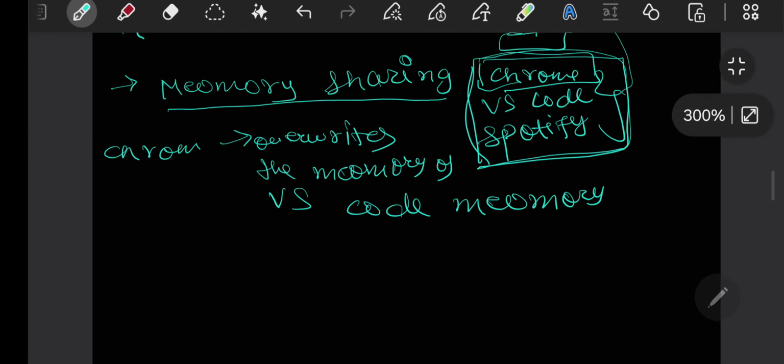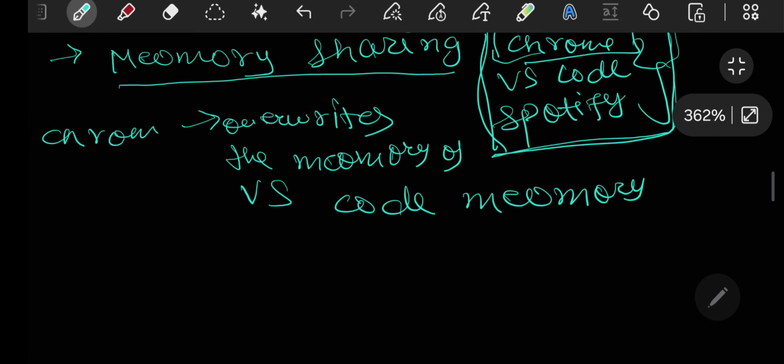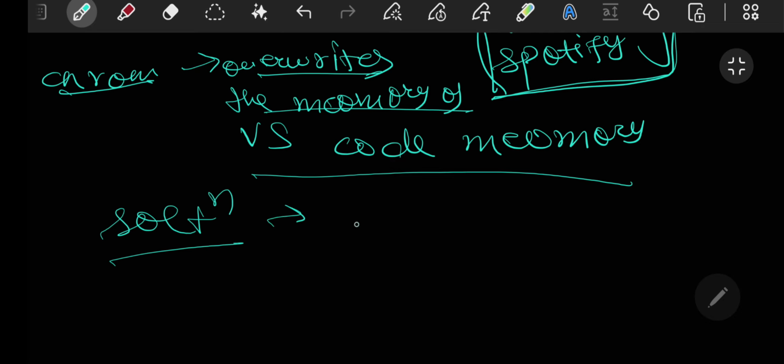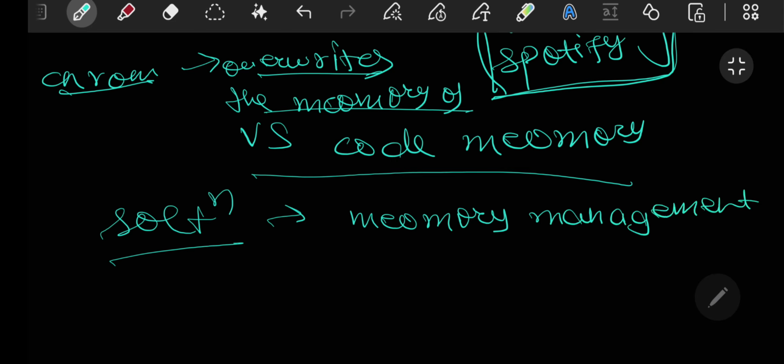We need a structure that says Chrome can't overwrite the memory of VS Code. So here we came to three things we had to do. First, we had to learn memory management: how we are going to manage the memory of different applications or programs, virtual memory, and protection.